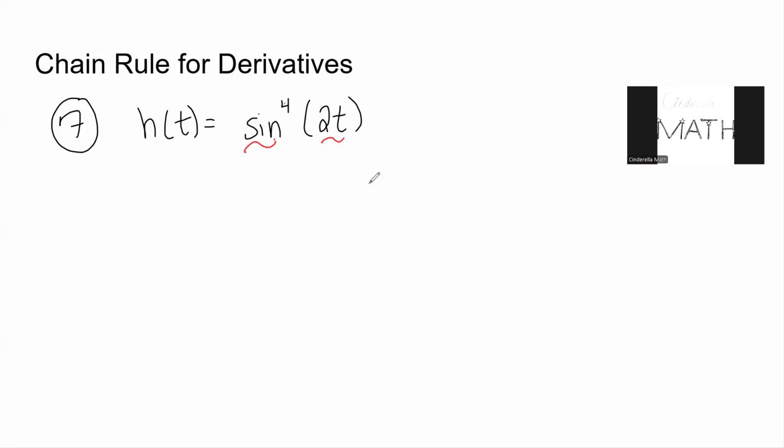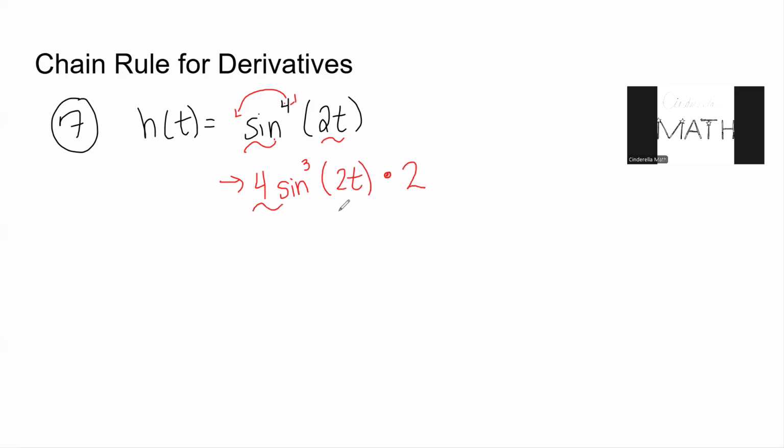So this one, I know I said not to do this, but if this helps you, you could rewrite this as sine of 2t, and then it's to the 4th, but it's sine to the 4th. So I don't know if I would rewrite that, but if you truly need to, you could.